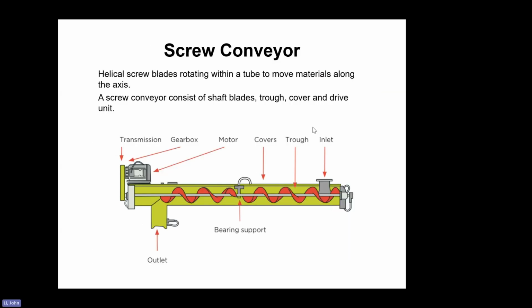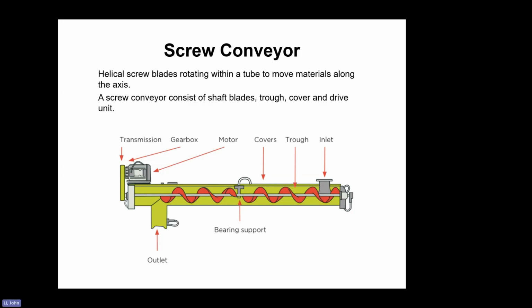Another one is the screw conveyor. This conveyor has helical screw blades rotating within a tube to move materials along the axis. This screw conveyor is very popular in process plants because it is small and simple.